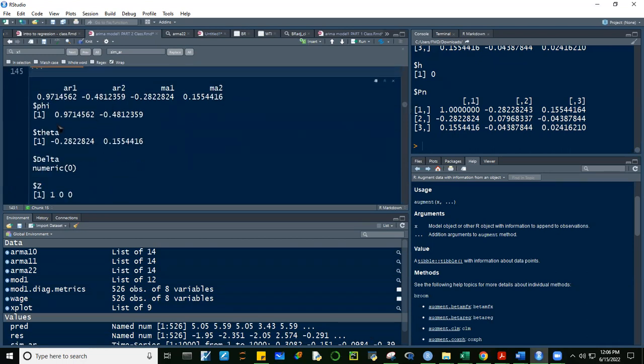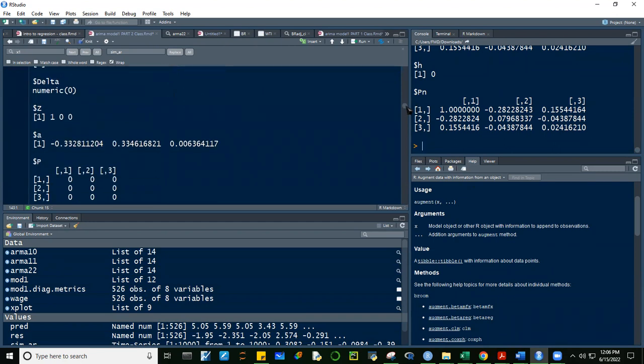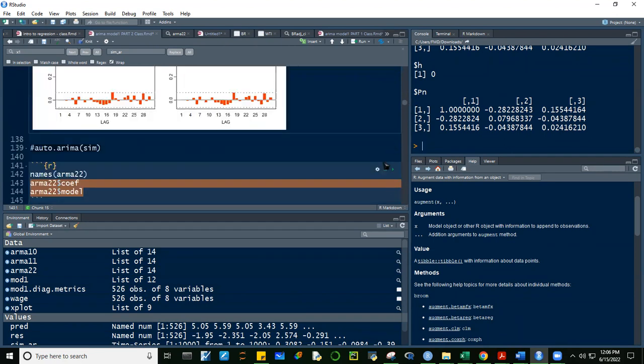Okay. What's phi, no? 0.917. Ito yon, no? Ito yung AR1 natin. Okay? In many of the books, guys, pag minomodel natin, ginagamit natin yung phi. Will it run here? Let me try.